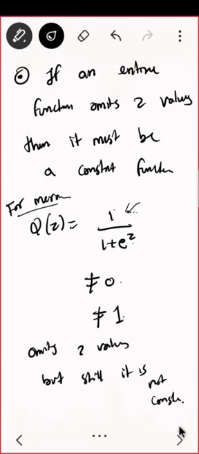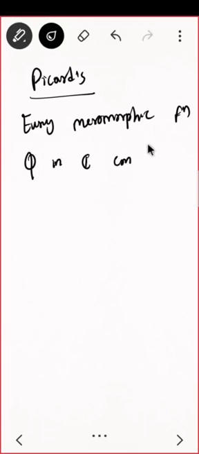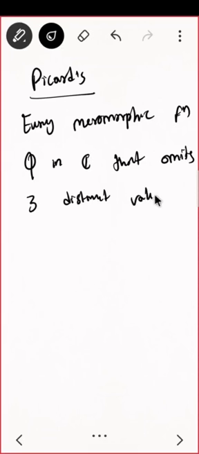So that's why the famous guy, Picard, says every meromorphic function phi in C that omits three distinct values is a constant function.